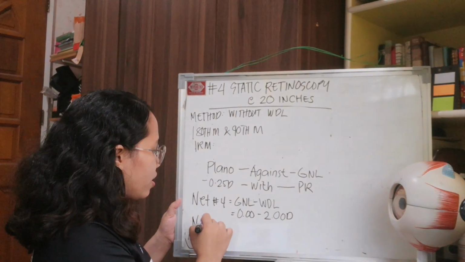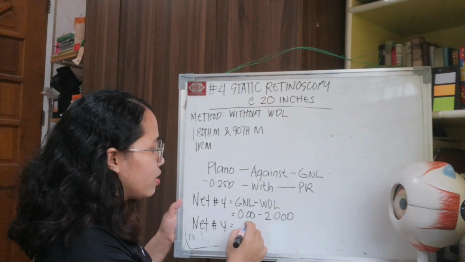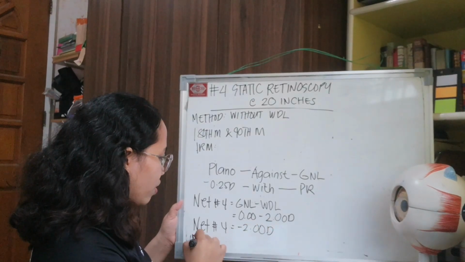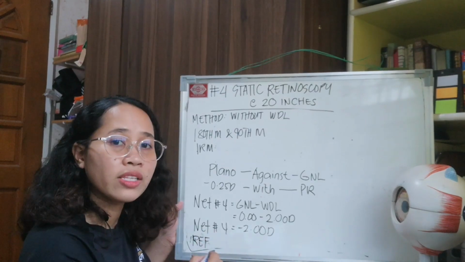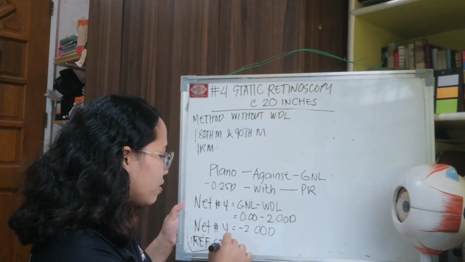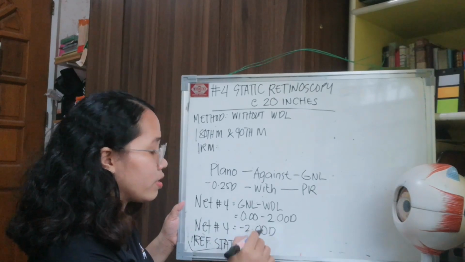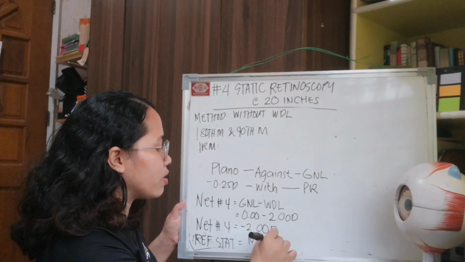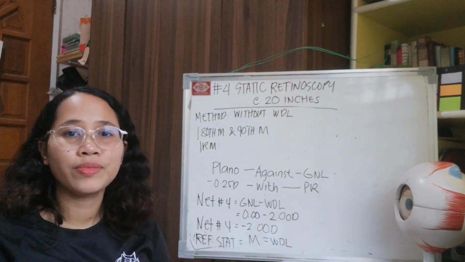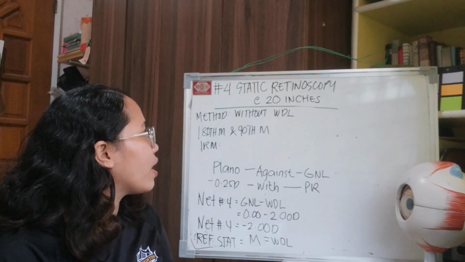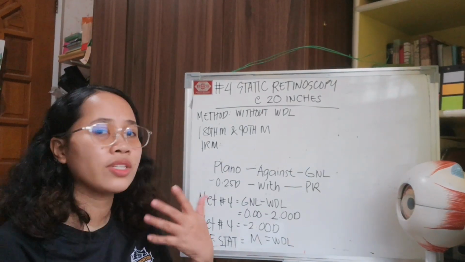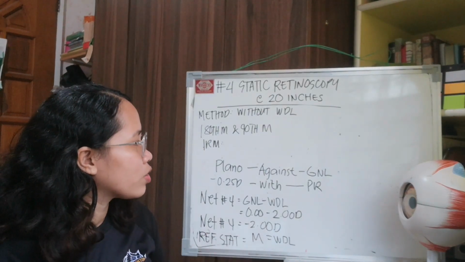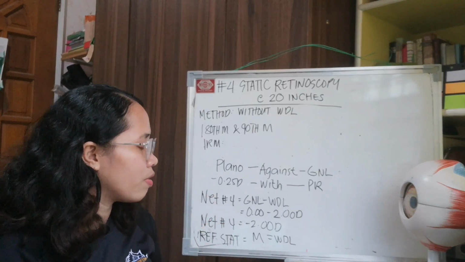So the net number 4 is minus 2. The refractive status of the patient is myopia, M for myopia, equal to the WDL. So we have already an example, case 1, an example of a with movement, and case 2, an example of an against movement.